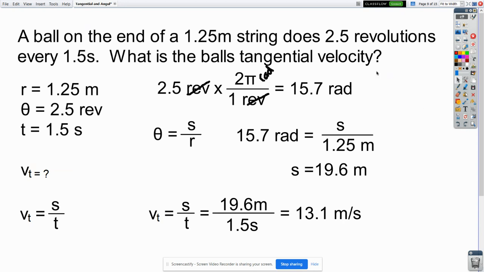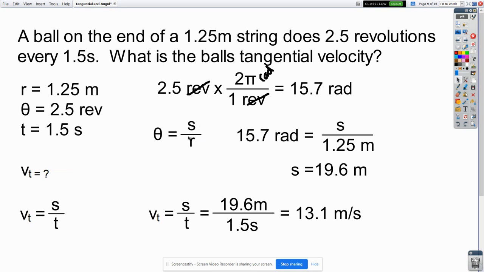So again, you have to make sure that your angular displacement is in radians. So if you're given revolutions or if you're given degrees, you have to convert it to radians. Then you can use the angular displacement equation to figure out what the arc length is.